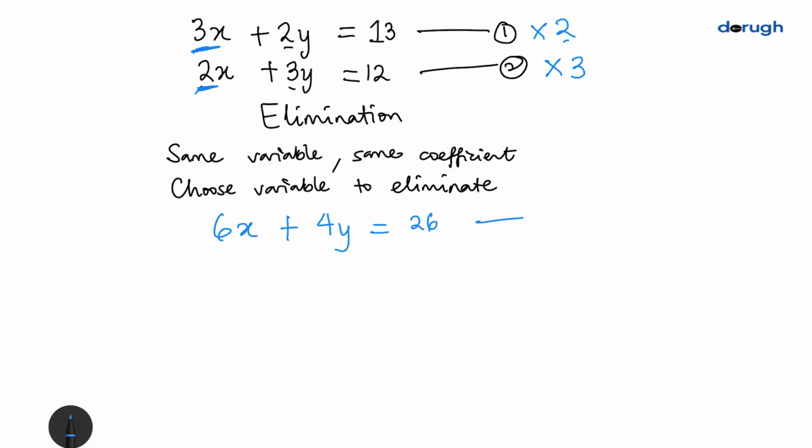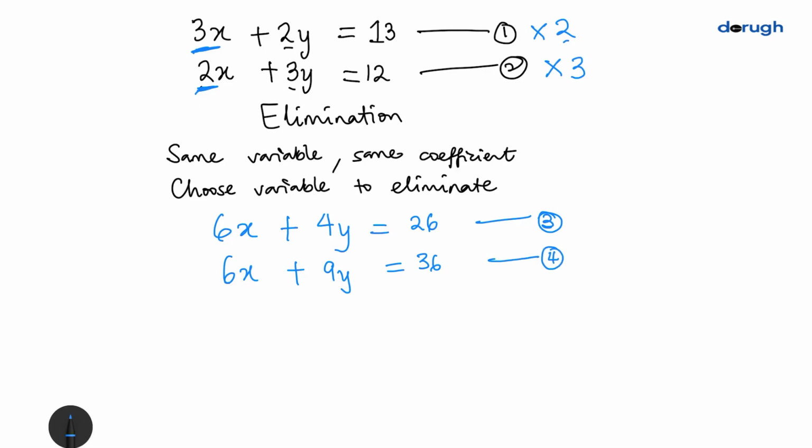Let's call this equation 3. And for the next one we'll have 2x times 3, which will be 6x, plus 3y times 3 is 9y, and 12 times 3 is 36.